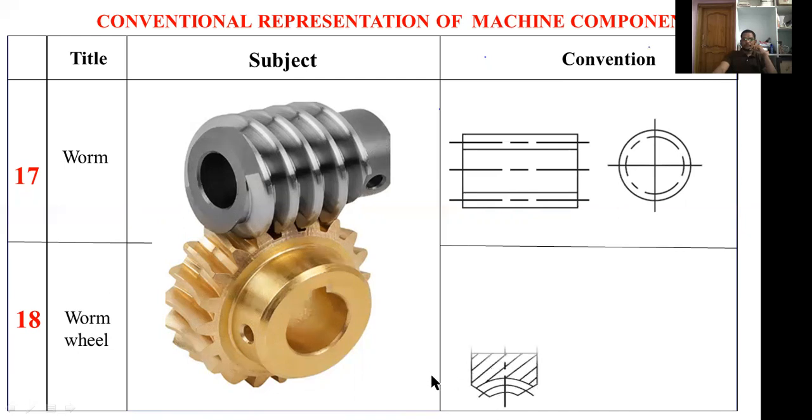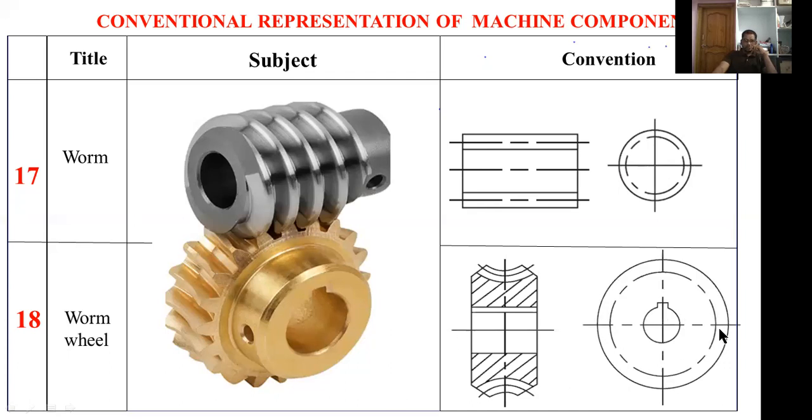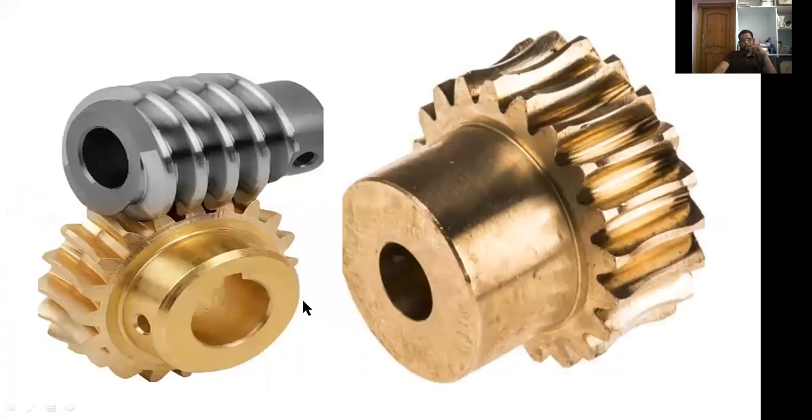Now this is the figure for this worm wheel. This worm wheel has a small curve on the top of the teeth. So this is the diagram for the worm wheel. Here I am showing one more example.